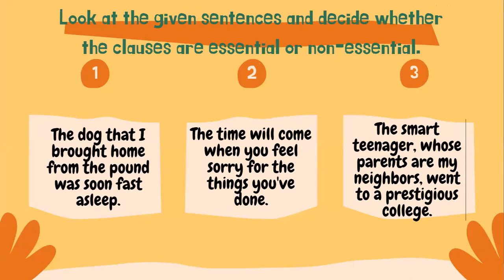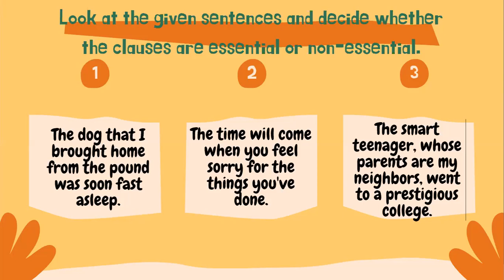For example, the dog that I brought home from the pound was soon fast asleep. What do you think? Is the clause in this sentence essential or non-essential? I'll let you decide, right?